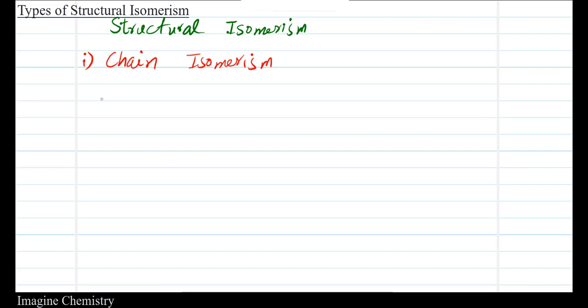So the very first example we discussed in the first video was of chain isomerism, which was that here is a molecular formula C5H12 of pentane, and I told you that it can be written as this, or it can be written as n-pentane, isopentane, and finally neopentane, right? So here I am just writing it in this form.